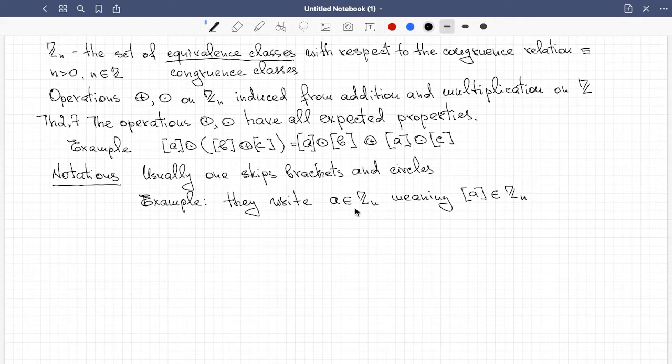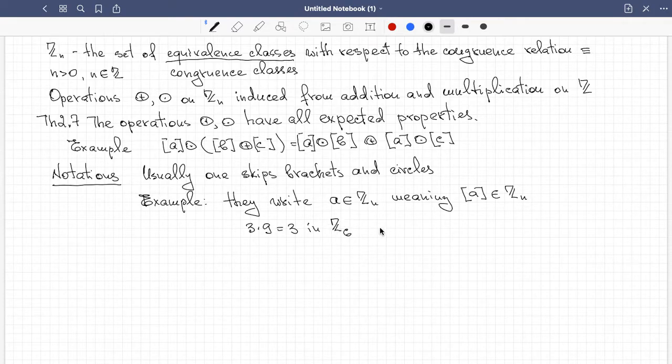This is of course ambiguous. Here A means A in brackets, although what is written is merely an integer. In particular, they will write 3 times 9 is equal to 3 in Z6.